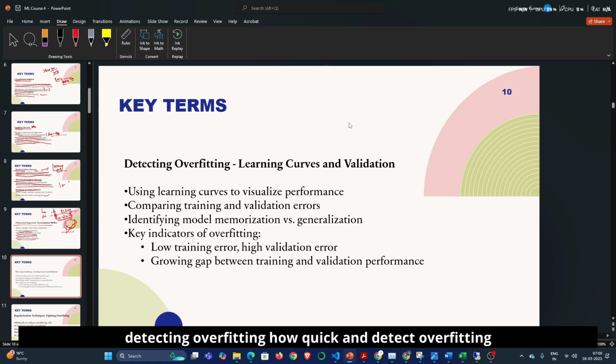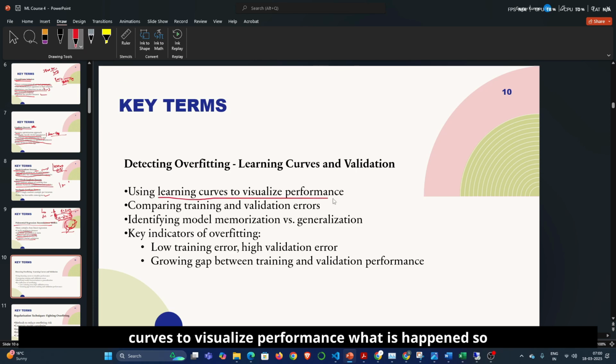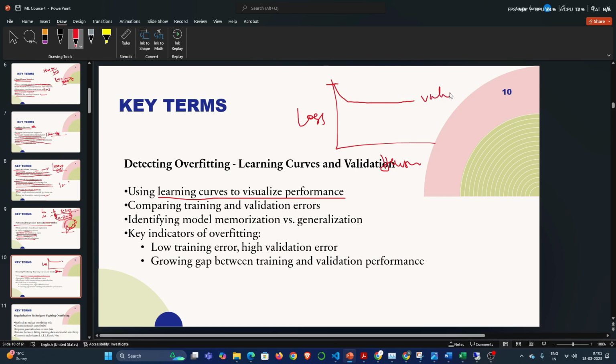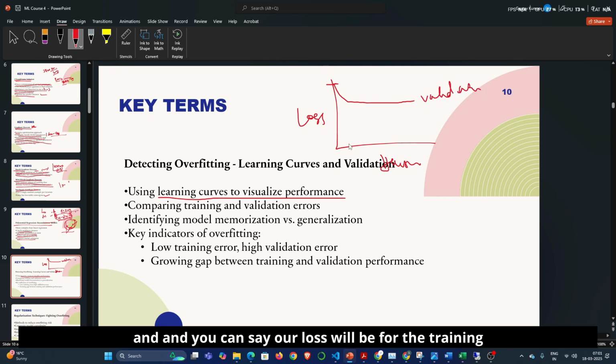Detecting overfitting. How can we detect overfitting? There is the concept of learning curves to visualize performance. There is loss and iteration. Our loss starts high, and once it goes here, this is our validation error, and the loss for the training set is like this.